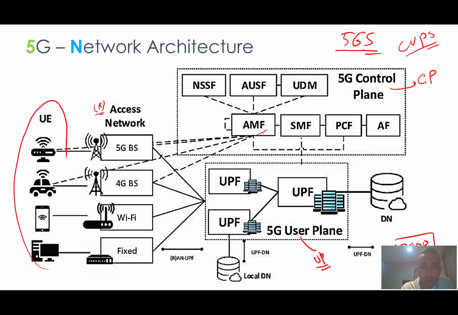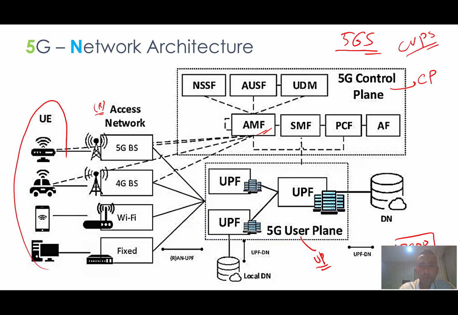This is the first one, AMF, access and mobility function. In any of the mobile networks there should be a network element for managing the mobility. For example, you remember from the previous episodes, in the CS we had MSC for mobility management.